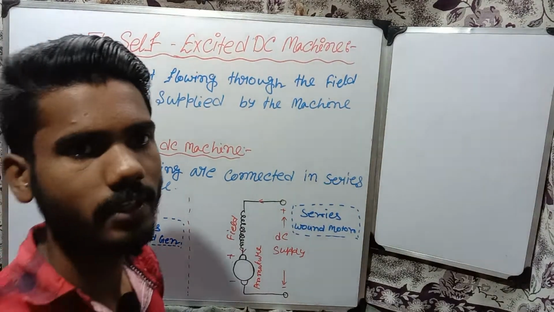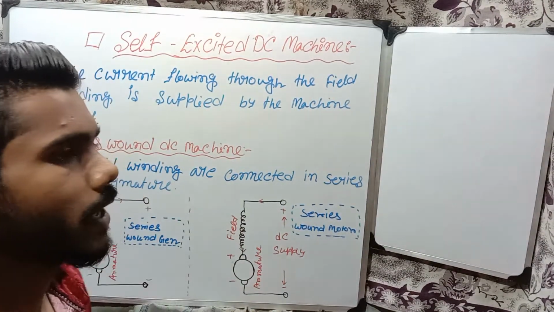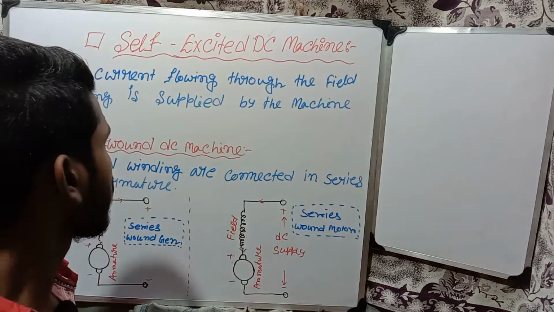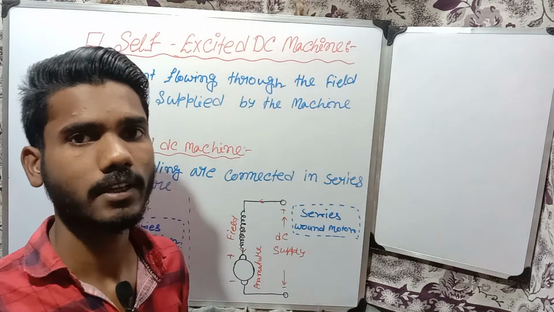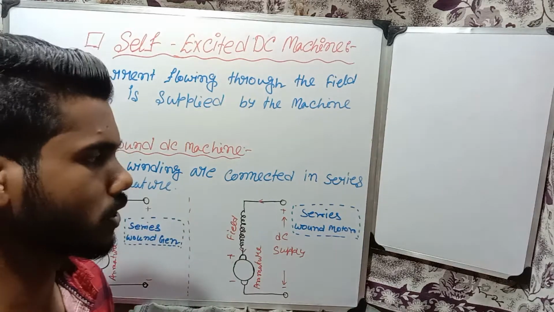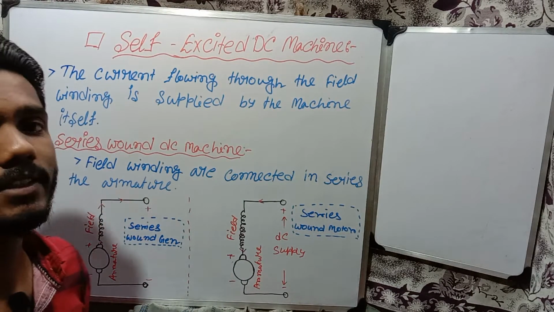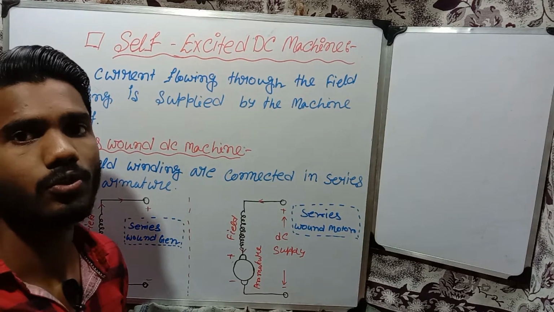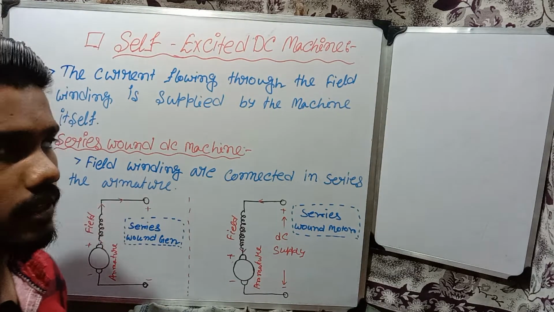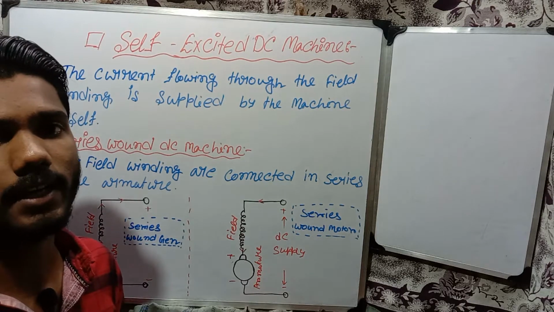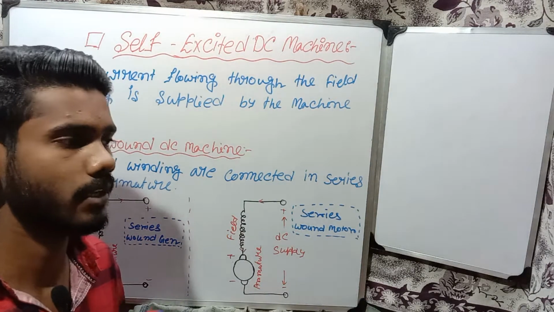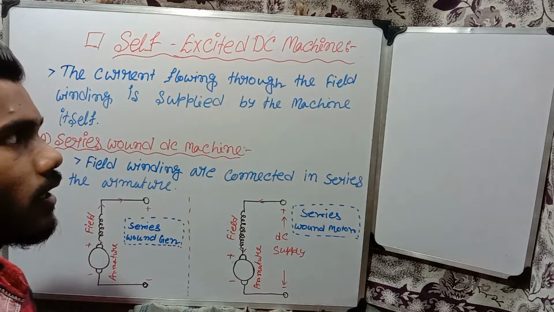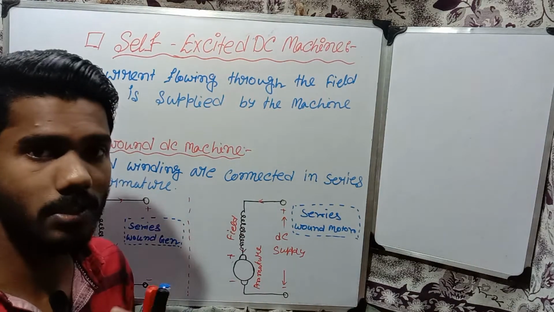Now I will discuss the self-excited DC machine. So first we will learn what a self-excited DC machine is. In a DC machine, if the current flowing through the field winding is supplied by the machine itself, then we call this a self-excited DC machine.